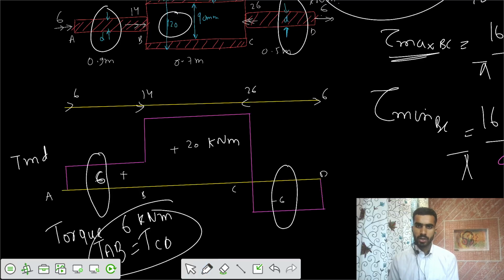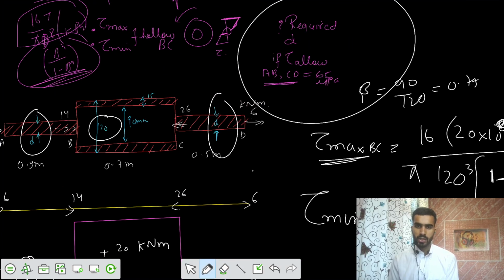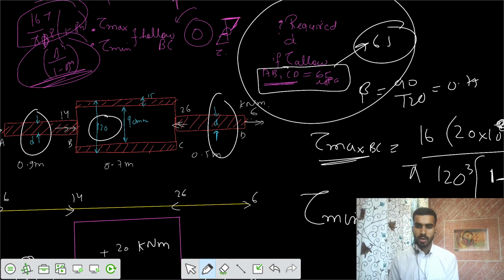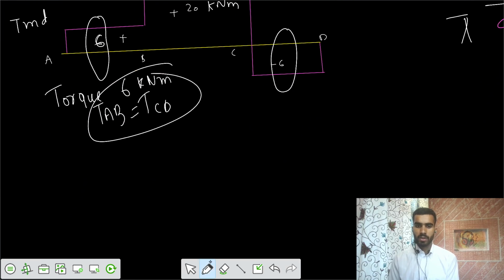And we have the condition that both have shear stress equal to the allowable shear stress of 65. So the diameter for both sections would be the same.